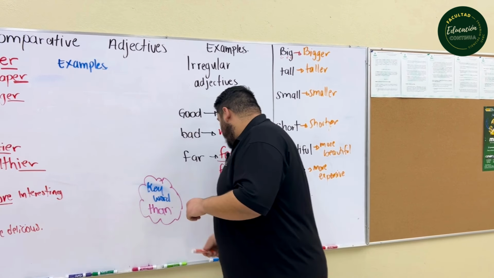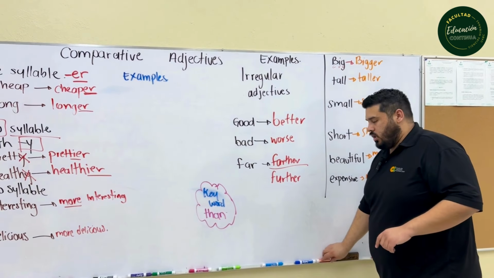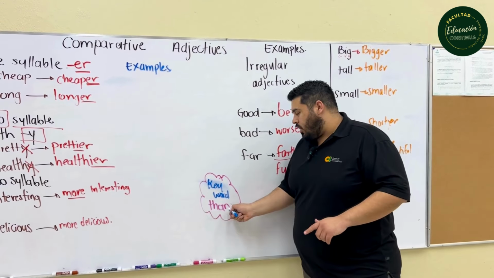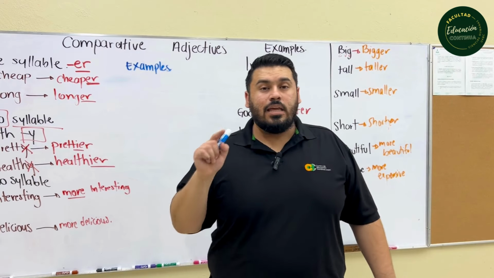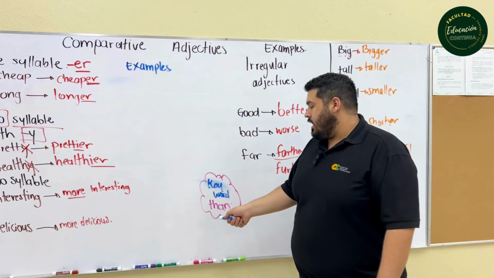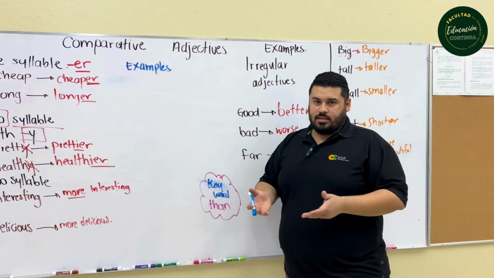Now, to create a sentence, we have to use a keyword. We're going to use the keyword than. If you don't write the word than, it's not a comparative sentence.